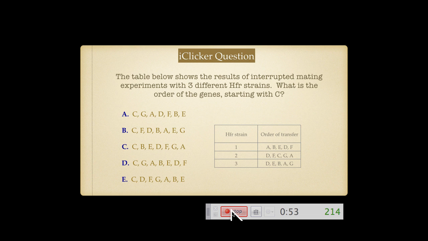I'll go to 1.5 minutes on this one. Okay. So what's the answer?